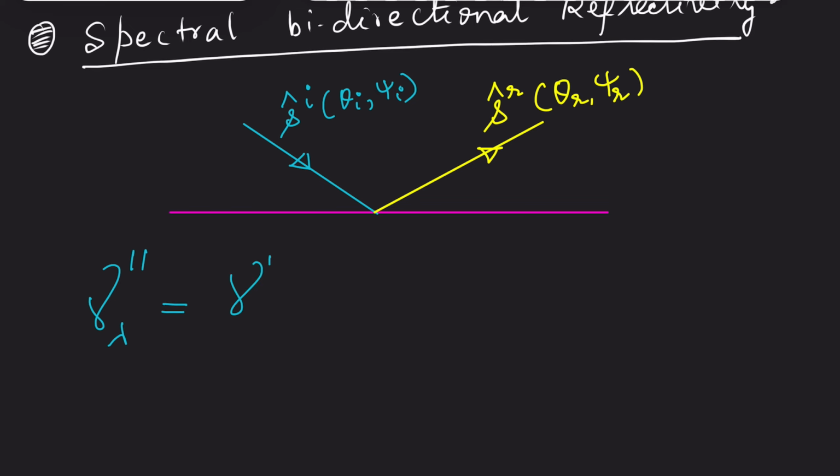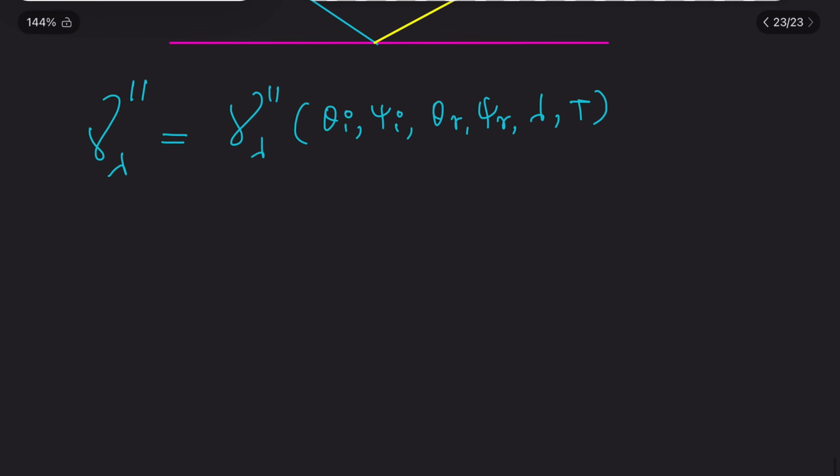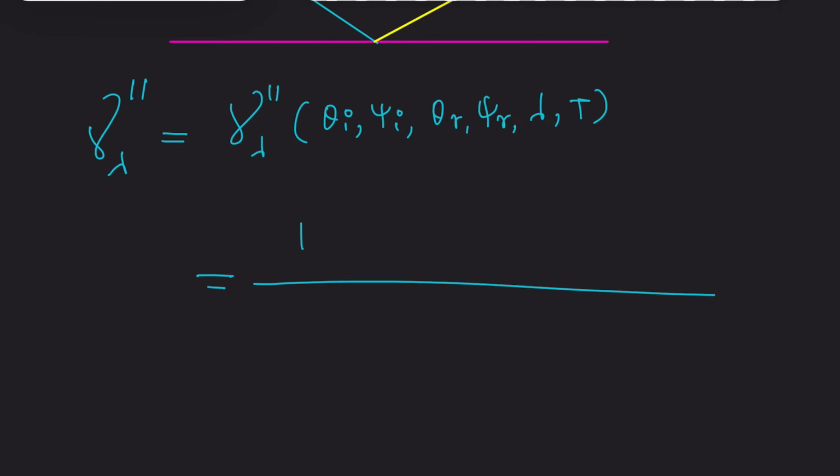It is a function of theta I, psi I, theta r, psi r, lambda, t. Now it is defined as my I lambda dash, that is being reflected, that is, how much fraction is reflected.